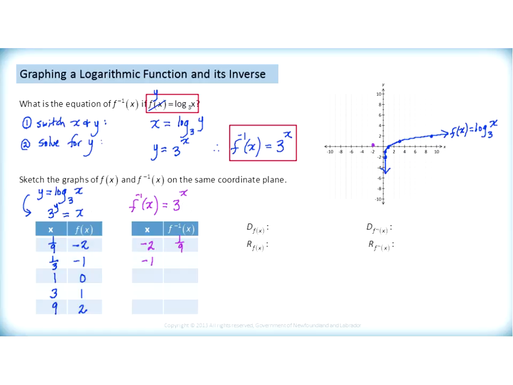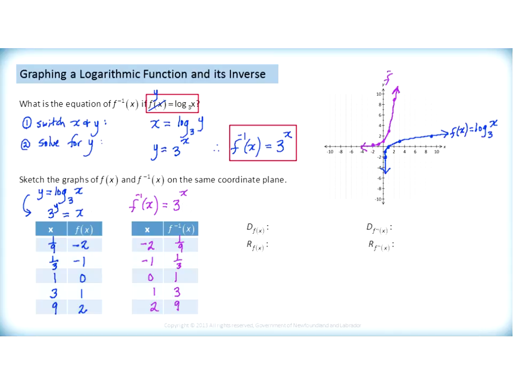When x is -1, f inverse of x will be 1/3. Then you have the point 0 and 1, the point 1 and 3, and the point 2 and 9. Connecting these points, notice that the graph represents that of an exponential growth curve.